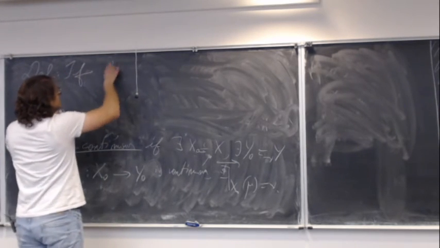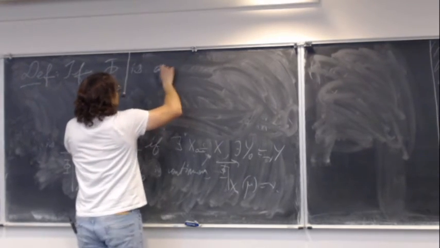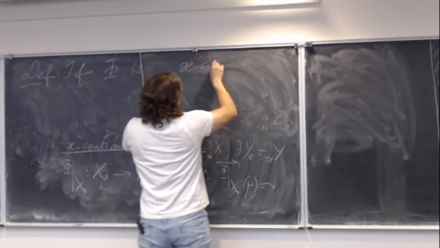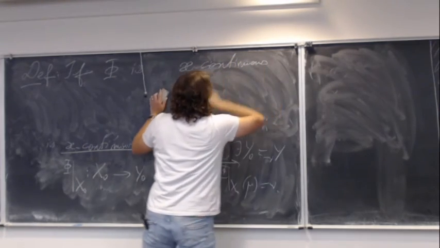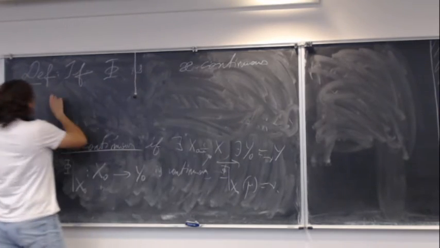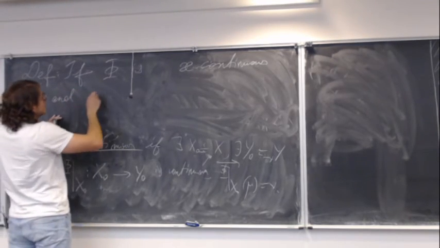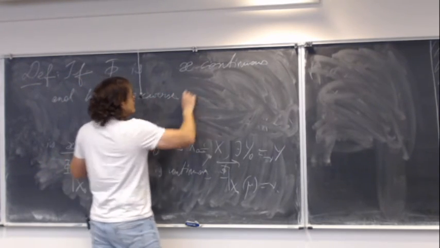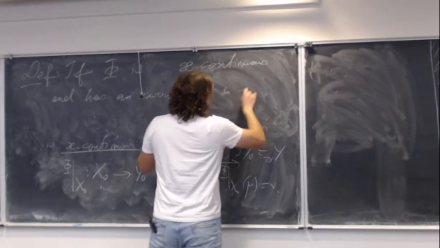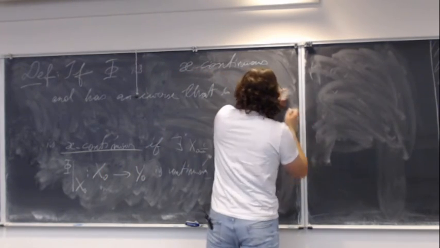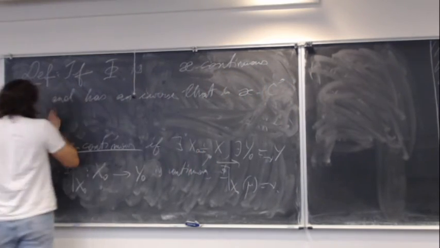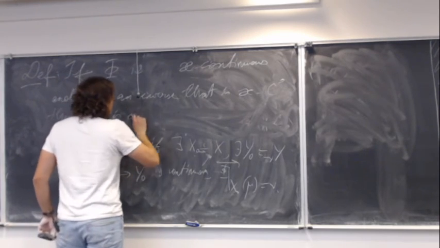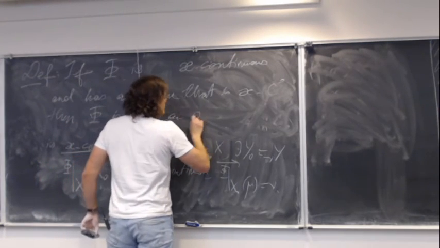If phi is Ash continuous and has an inverse that is Ash continuous, let me just write Ash C0, then phi is called an Ash homeomorphism.